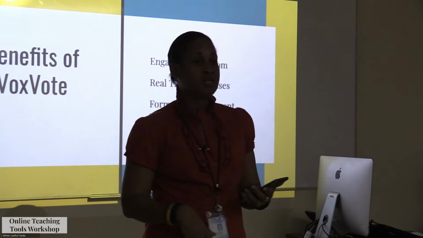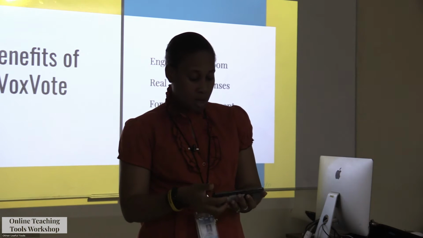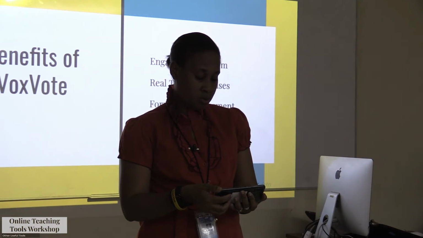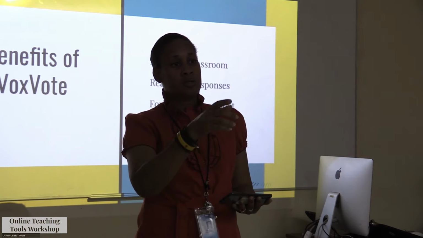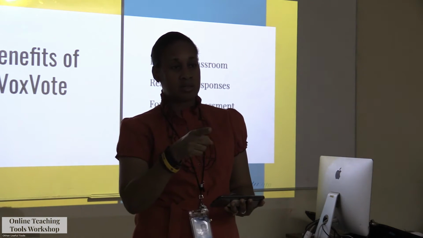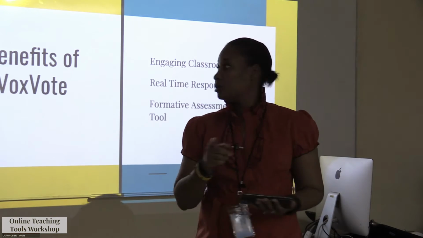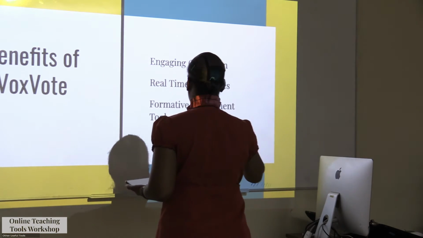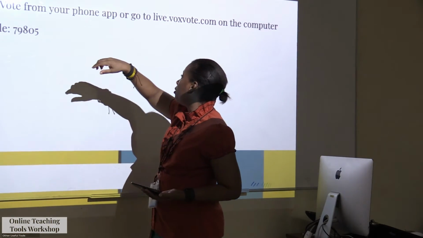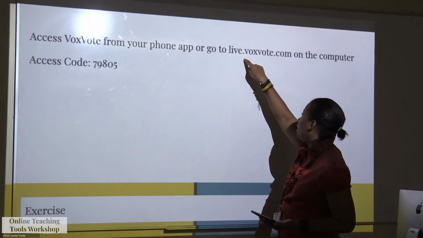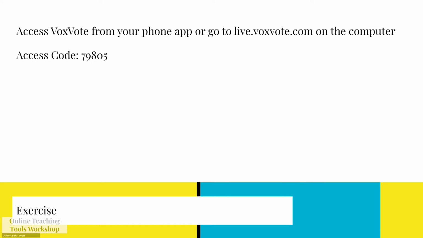All right, so what I want you to do is go to live. If you have the VoxVote app on your phone, you can, next slide for me, put in this access code, or you can go to live.voxvote.com and put in the access code.